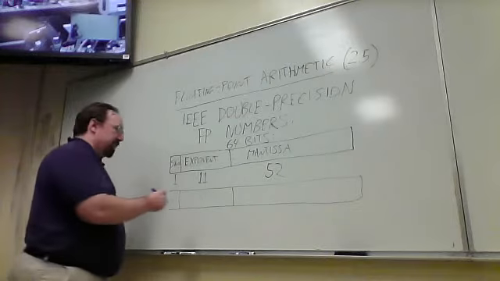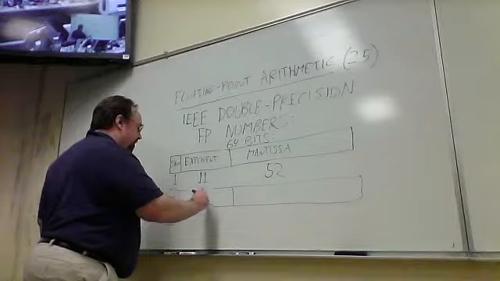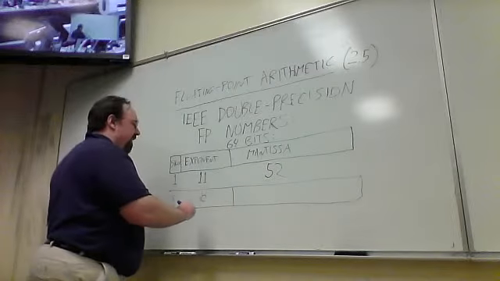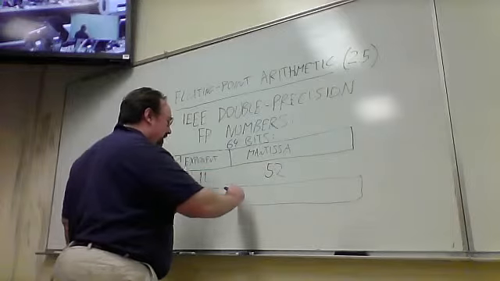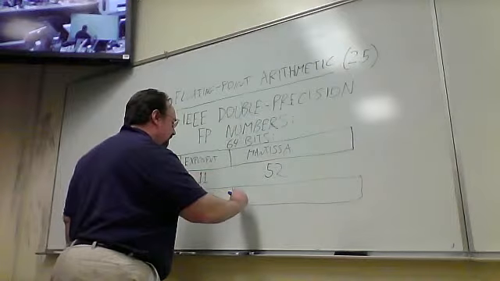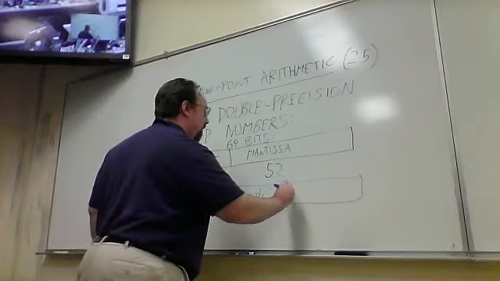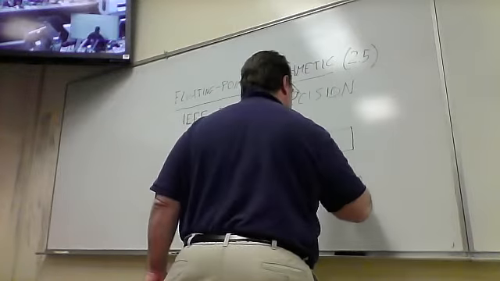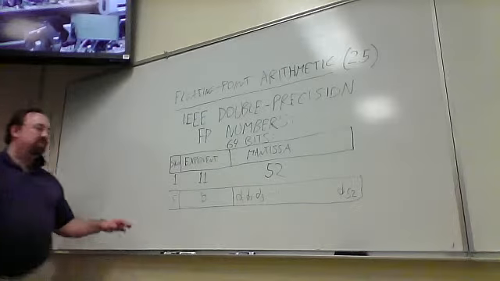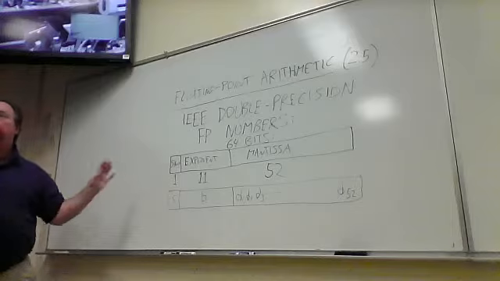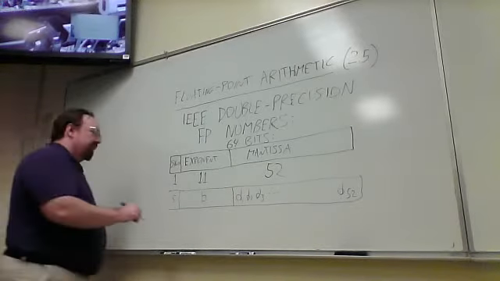So I'm going to call that B. And the digits of the mantissa I'm going to refer to as D1, D2, D3, and so on, all the way down to D52.